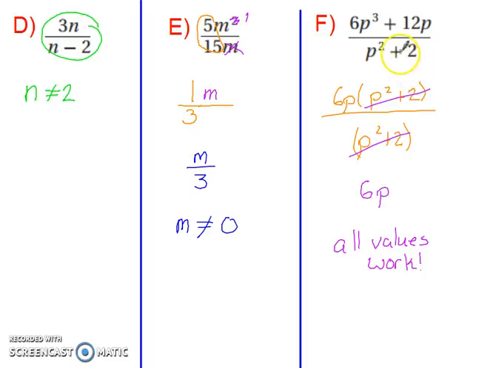Basically, for there to be an excluded value, you would have to have a -2 of some sorts. And you can't because you have p squared, and that's going to force it to be a positive. So therefore, all you have is the simplified version, which is 6p.